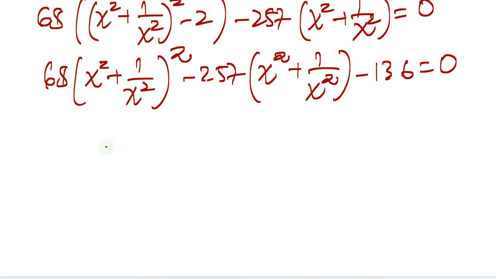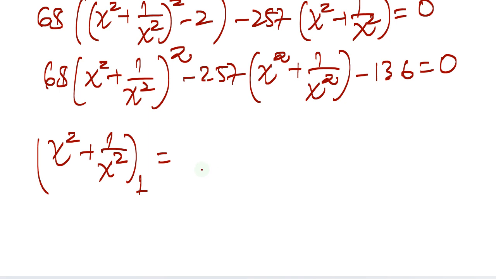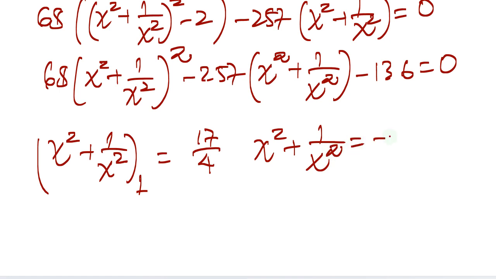I'm not going to solve the quadratic equation step by step. I'm just going to give the solutions for this. So we have that x to the 2 plus 1 over x to the 2, which are going to be the solutions for this equation, the first one would be equal to 17 divided by 4, and the second one, x squared plus 1 over x squared, would be equal to negative 8 divided by 17.